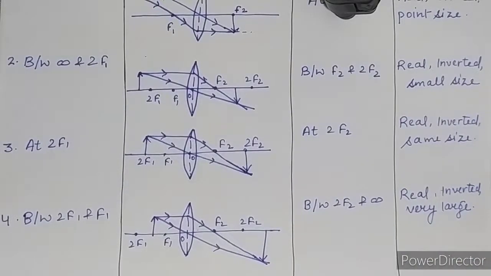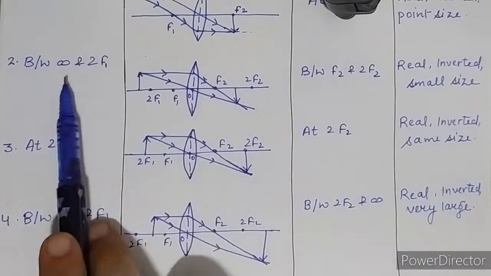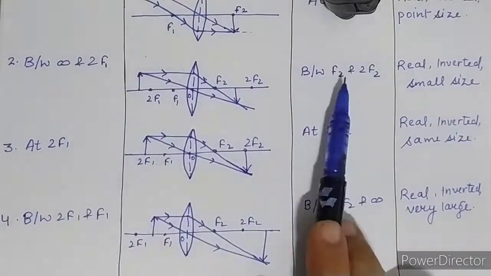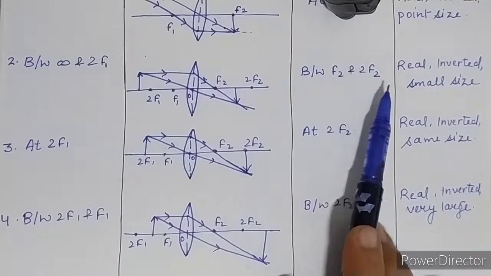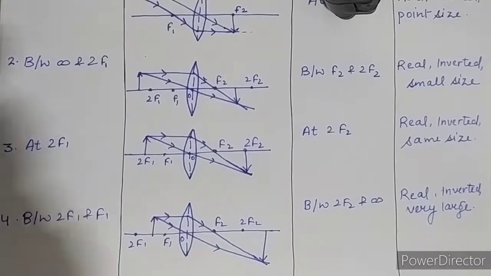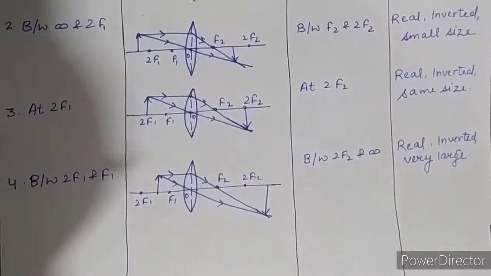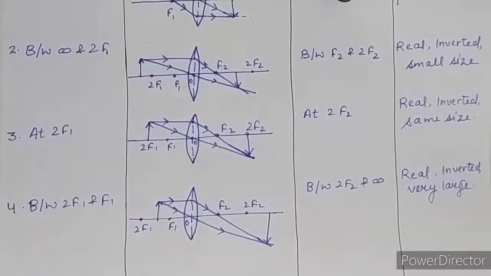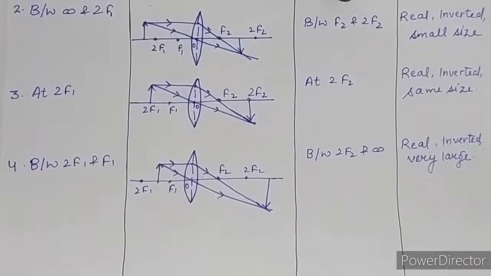Like in the second condition, when the object is in between infinite and 2f1, the image is formed between f2 and 2f2. Now in the fourth condition, when the object is in between f1 and 2f1, the image has been formed beyond 2f2, or you can say between 2f2 and infinite. Okay, clear?